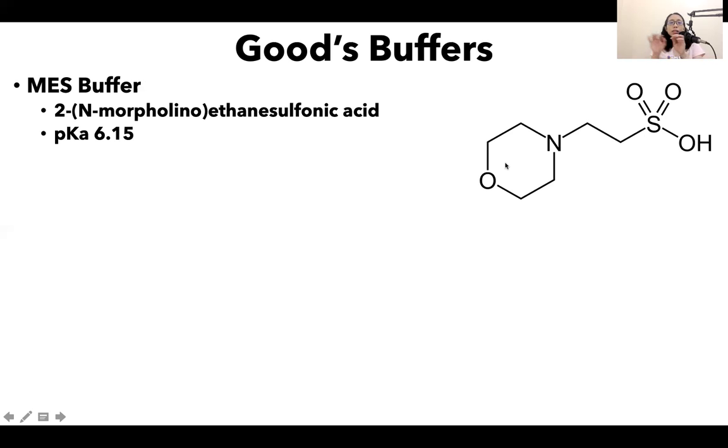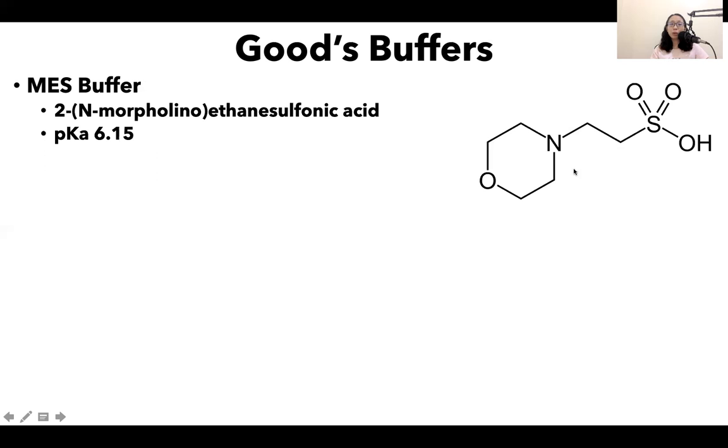Now, how does this act as a buffer? We only see one molecule. Where are the two components? This is what's unique about your Good's buffers. You have one molecule, and this molecule will act as your two components. So how does it happen?